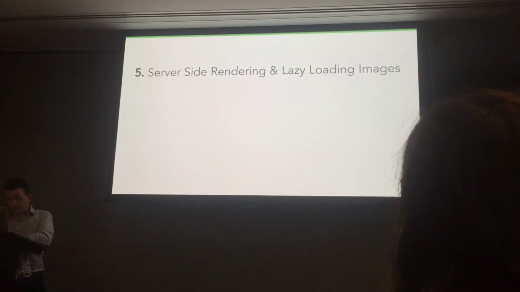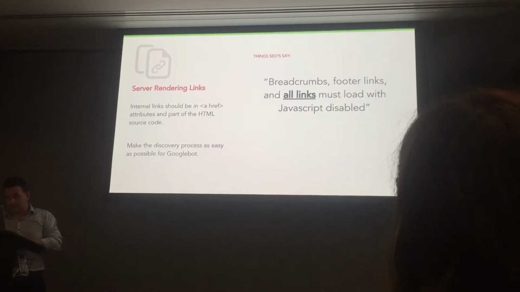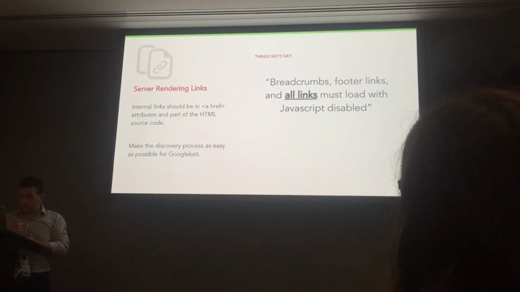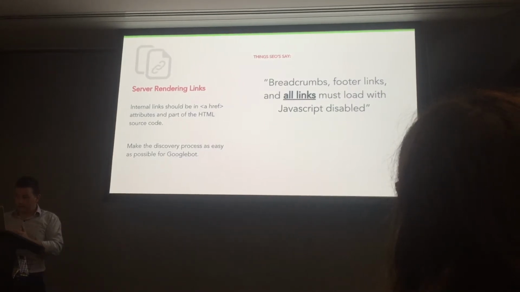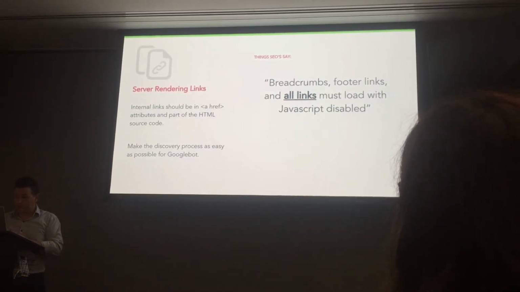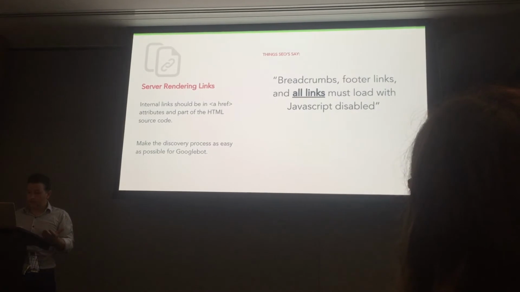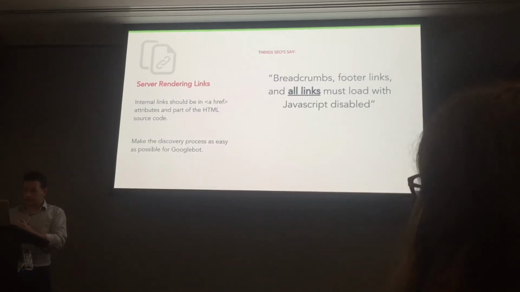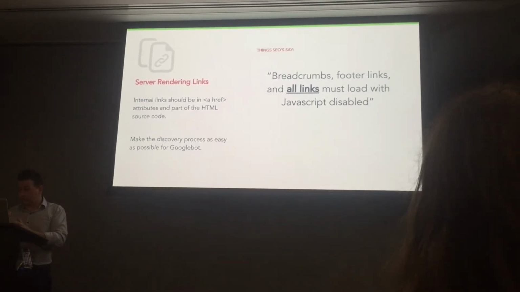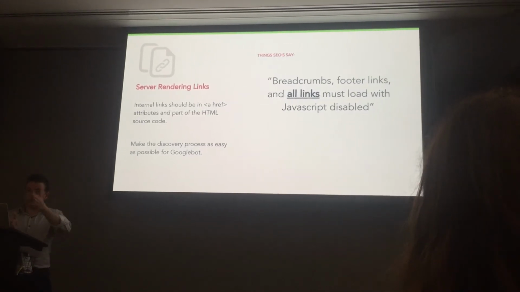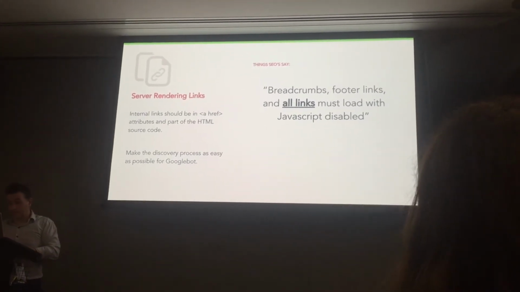Last section is server-side rendering and lazy loading of images. With server-side rendering of links, breadcrumbs, footer links, and all links must load with JavaScript disabled. That's just a general practice so web crawlers can access the next page if they're not running JavaScript.